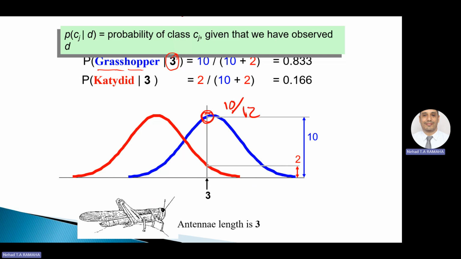Okay, when I take it here, 4, and here the numbers are 5 and 5. So 5 G, 5 K. Probability of G given 4, sorry.